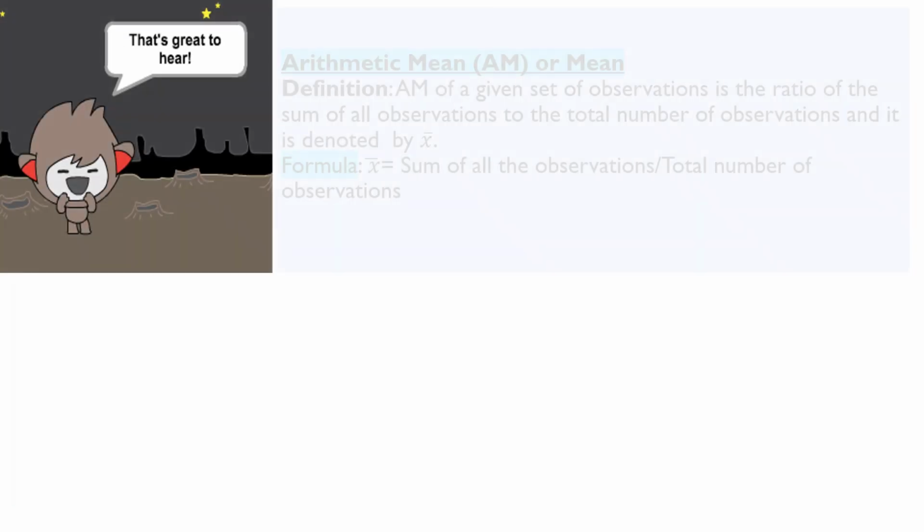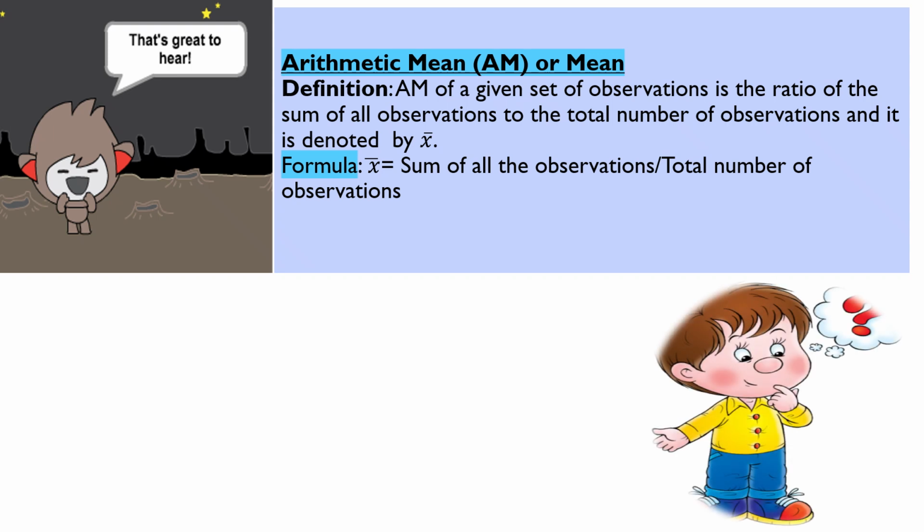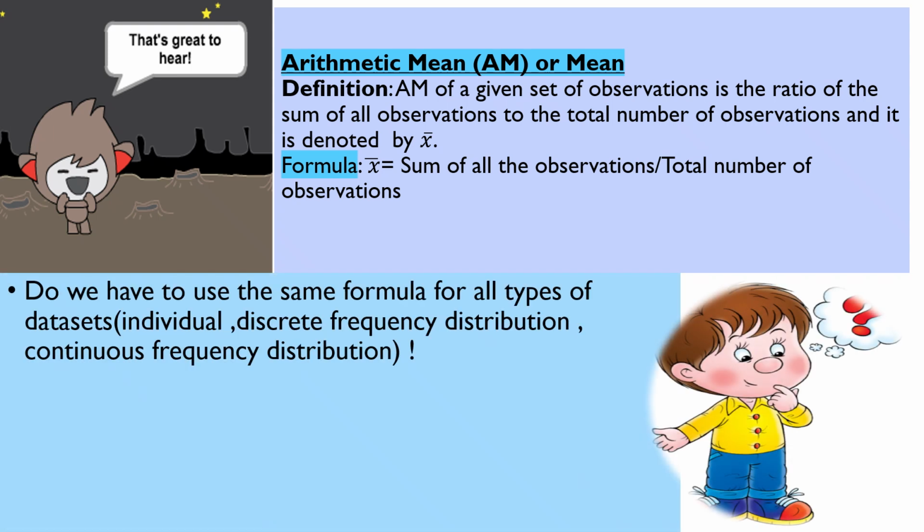Let's see how we can define arithmetic mean. The arithmetic mean of a given set of observations is the ratio of the sum of all observations to the total number of observations, and it is denoted by x bar. Now, can you tell me, can we use the same formula for all types of data sets?